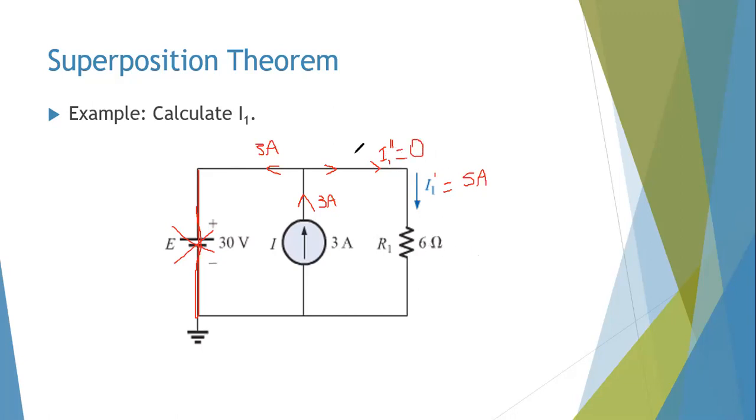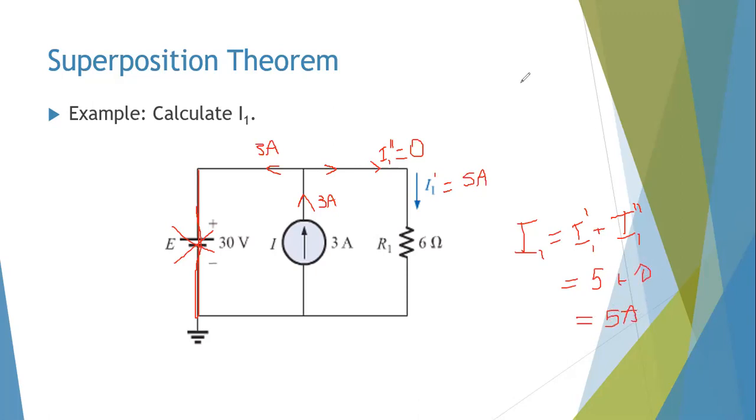So you don't have any current flowing through the 6 ohm resistor when you connect only the 3 ampere source. So what's the overall current now? I1 is going to be I1 dash with the voltage source plus I1 double dash with the current source. So it's 5 ampere plus 0. So overall, 5 ampere will flow through the load.